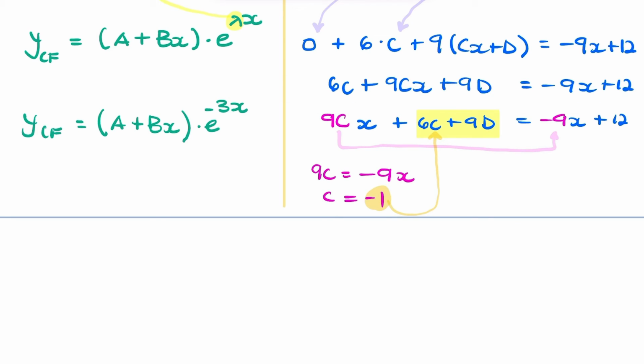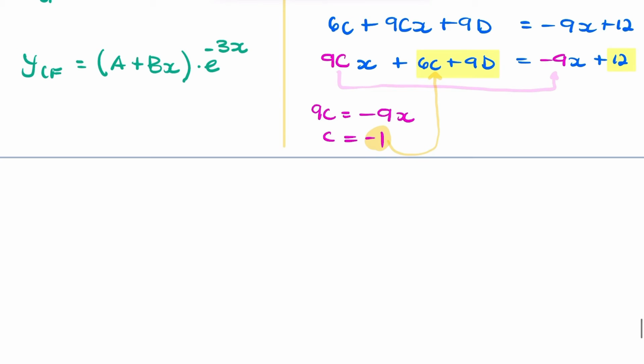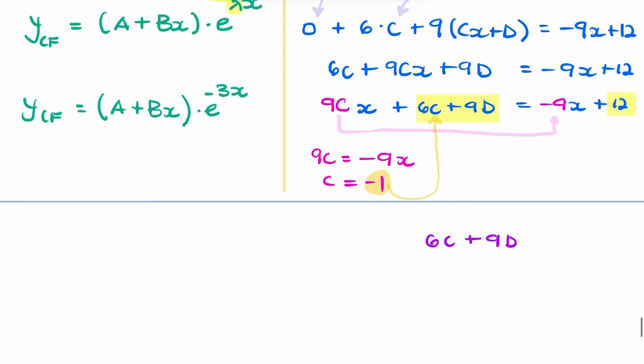So we've got 6c plus 9d, and that's got to be equal to 12. So that allows me to write another equation. I can say 6 times c plus 9d has to be equal to 12.